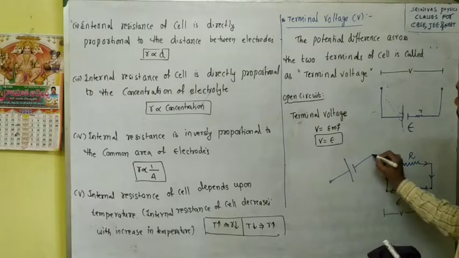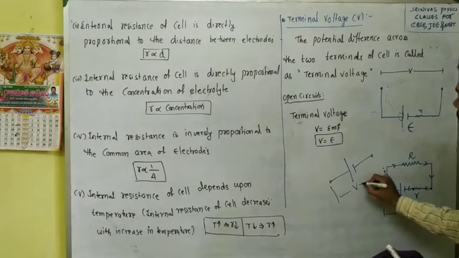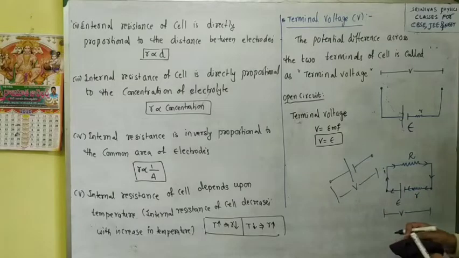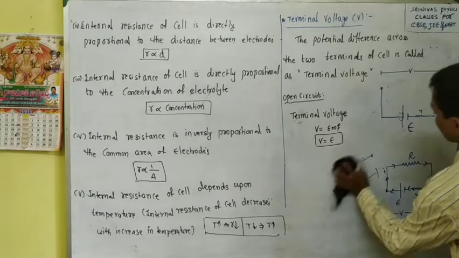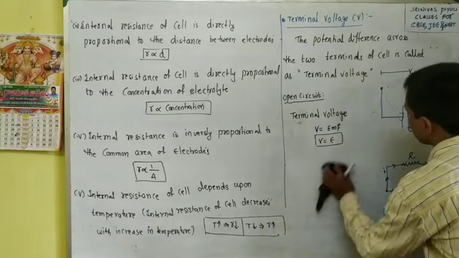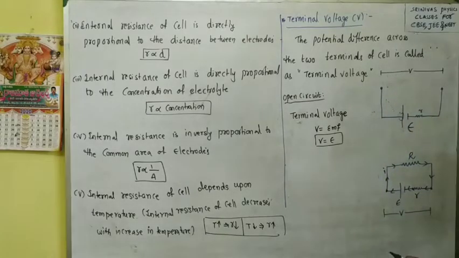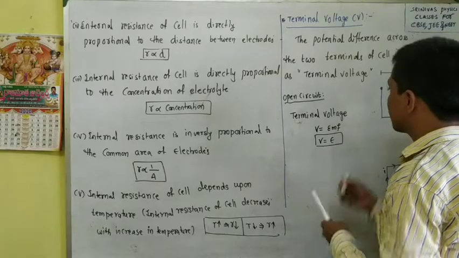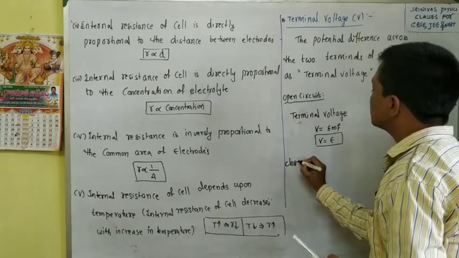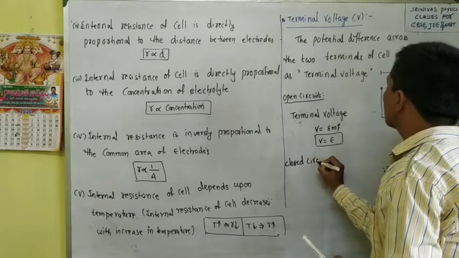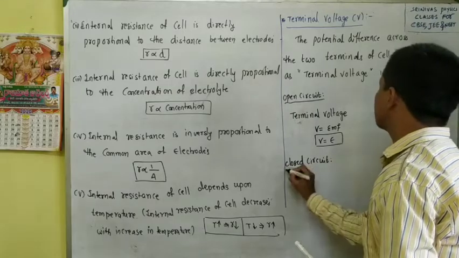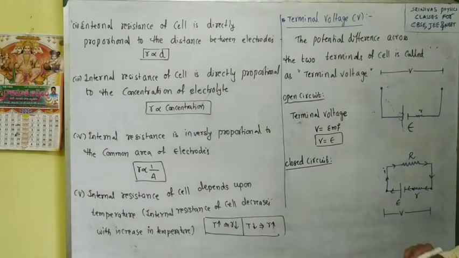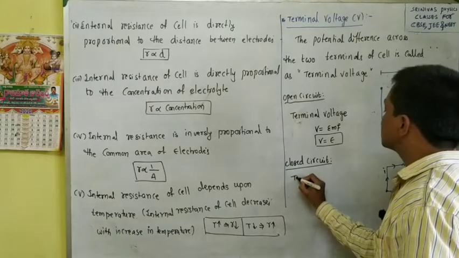The potential difference across the two terminals of the cell is called the terminal voltage. Now let us see, in the closed circuit, what happens to the terminal voltage?